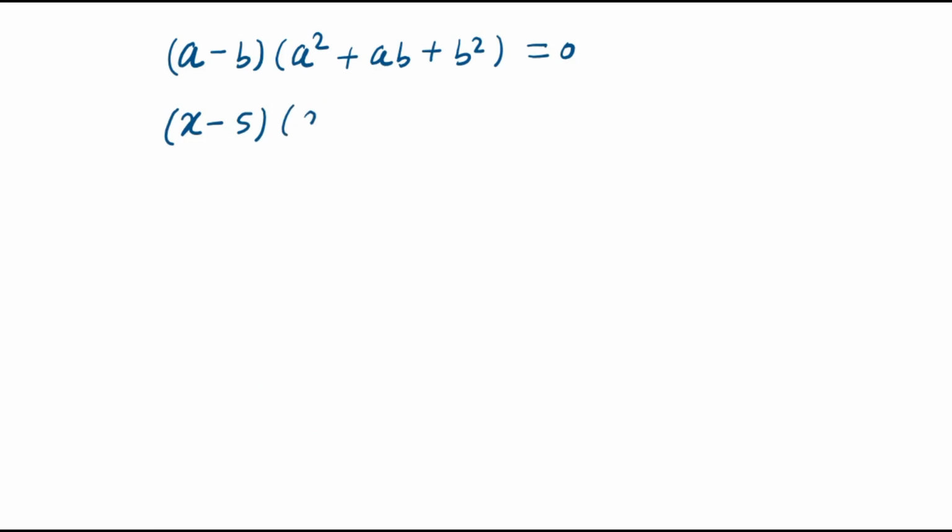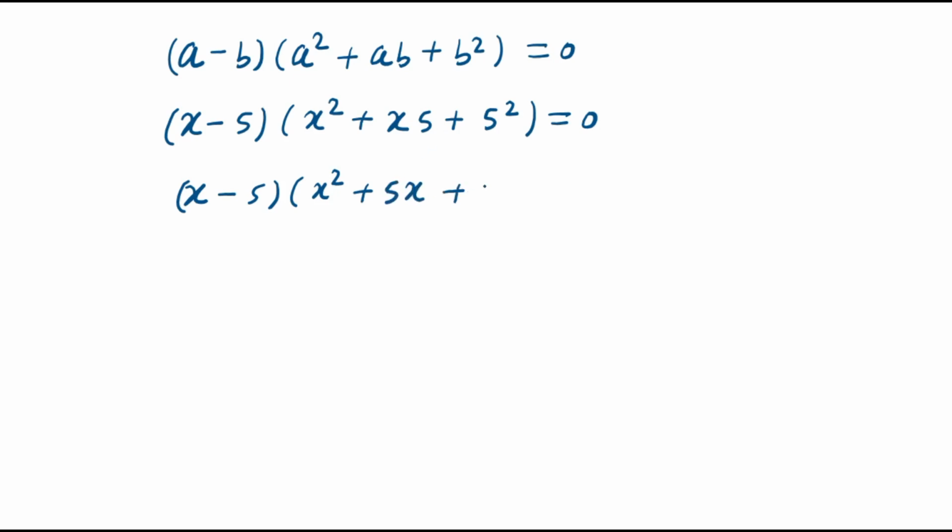Here a is replaced by x square plus a is replaced by x, b is replaced by 5, plus b square is replaced by 5 square, and this is equal to 0. x minus 5 is multiplied by x square plus x times 5 is 5x plus 25, equal to 0. Now we will apply this rule.